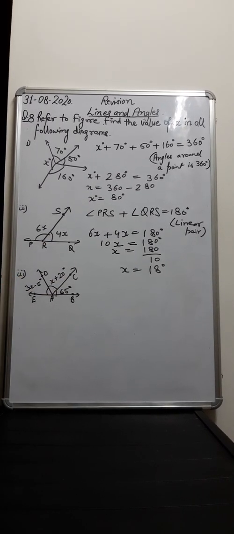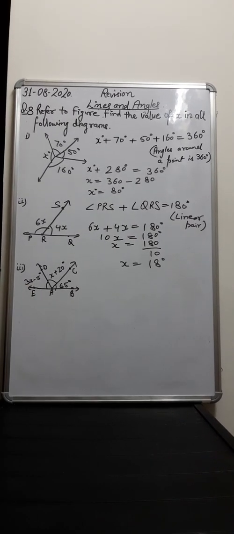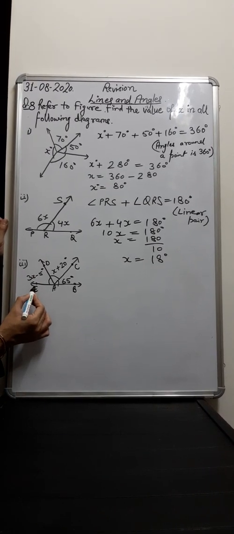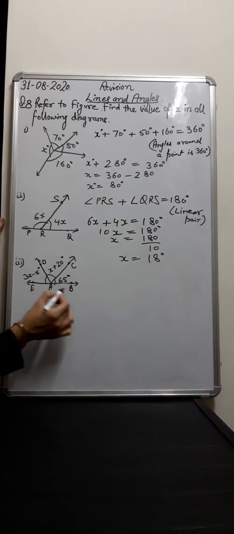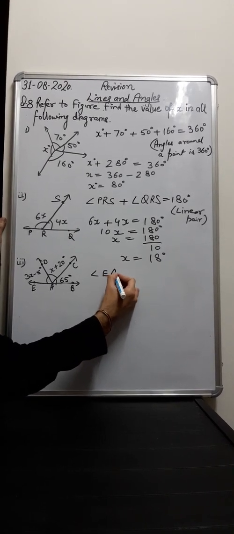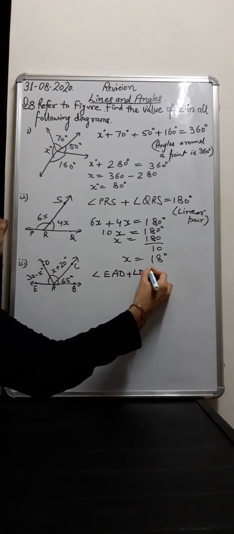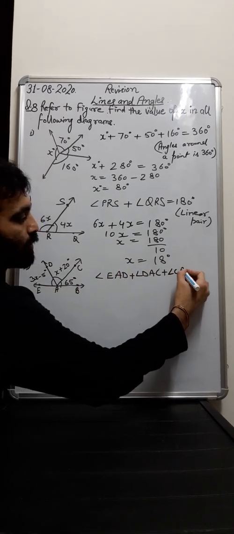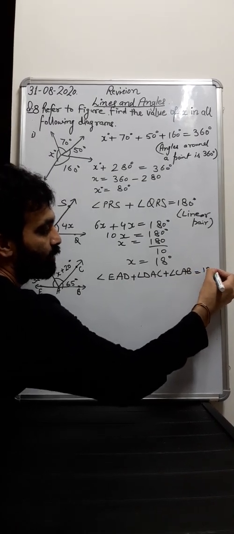Now the third part. Here again there is a straight line, and on this straight line we can see there are 3 angles forming. First is EAD, DAC and CAB. So angle EAD plus angle DAC plus angle CAB. Again these angles are on a straight line, their sum is 180 degrees.